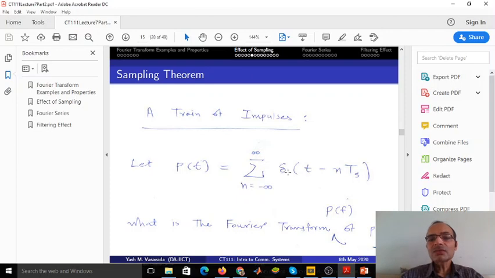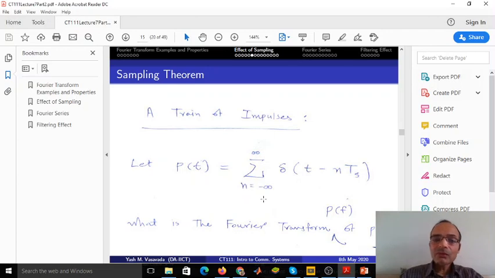It is not just one impulse at t equal to 0, but in fact a sequence of infinitely many impulses, from n equal to minus infinity to plus infinity, and these impulses are T s seconds apart in time domain. So this is a train of impulses, and the separation between impulses is T s.